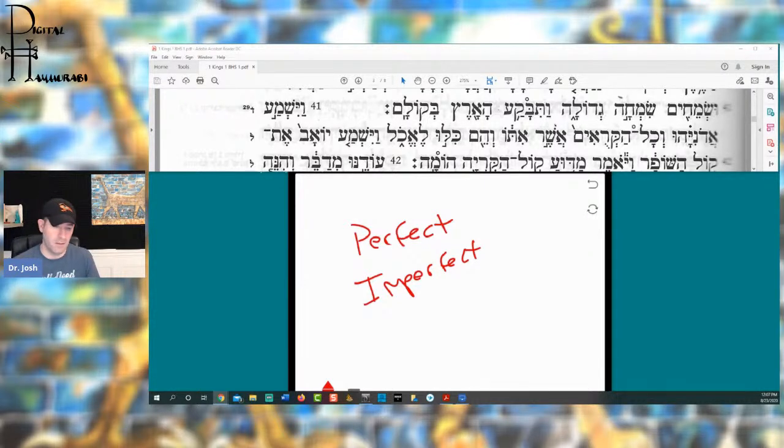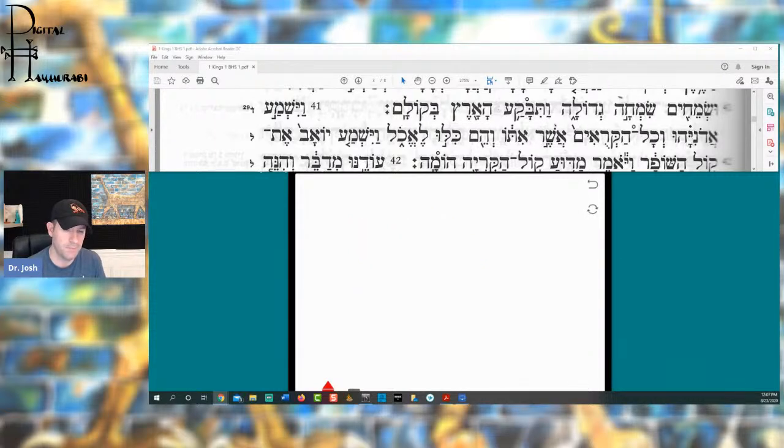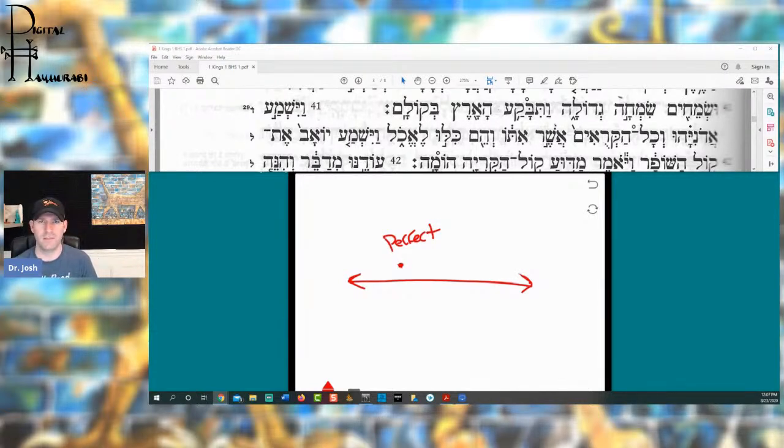Very broadly, if you were to think about this as time, the perfect would be like a snapshot, like somebody taking a snapshot, a still frame, a still picture. It's viewing the action as complete. It's done, which is why it's often in the past tense.